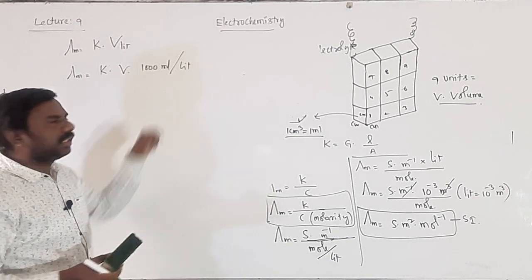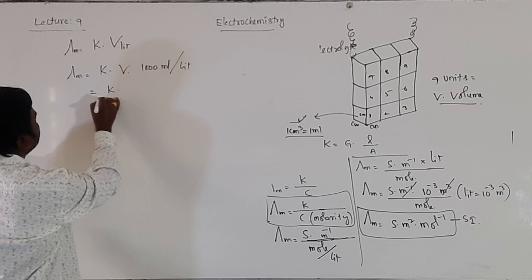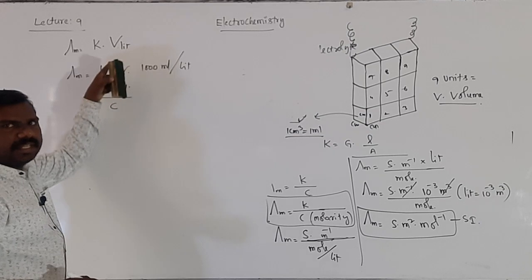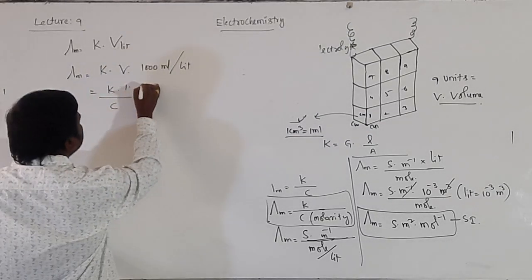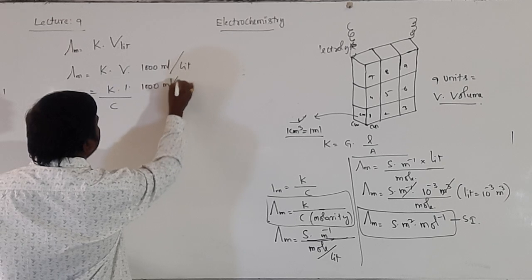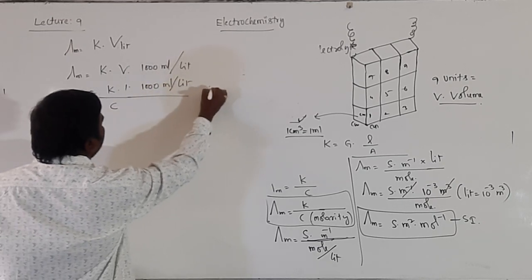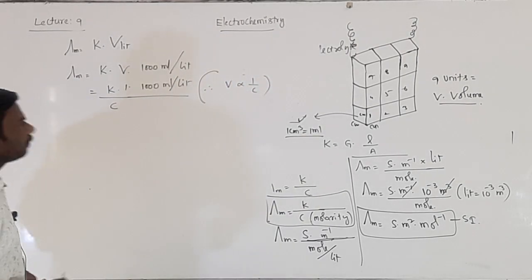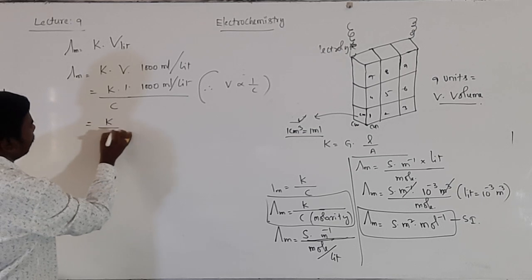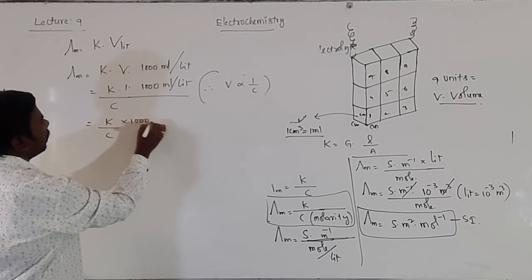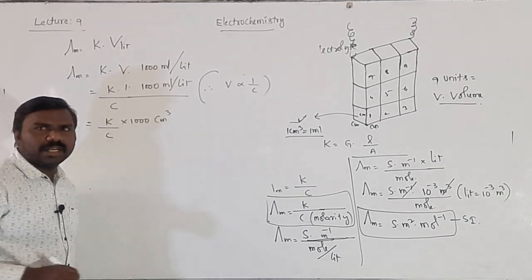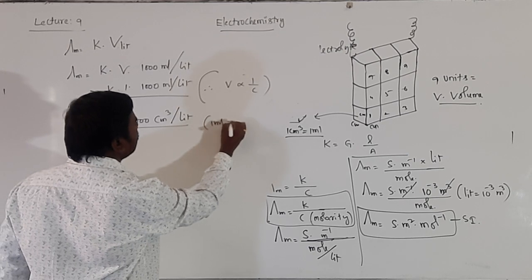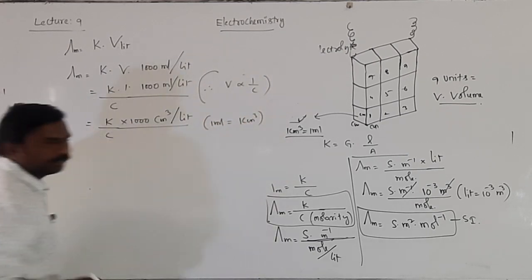Since volume is inversely proportional to concentration, it is K by C into 1000 milliliter per liter. 1 milliliter is equal to 1 centimeter cube.